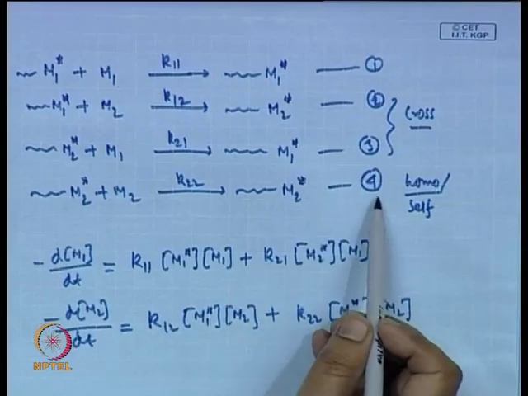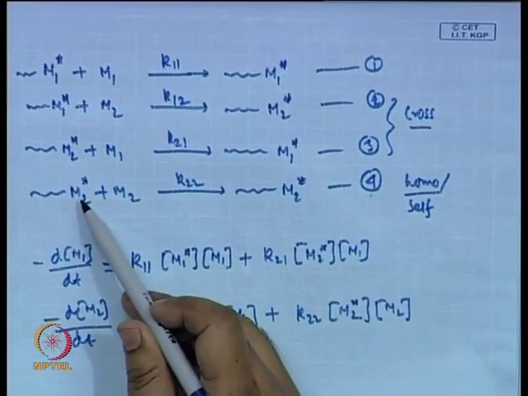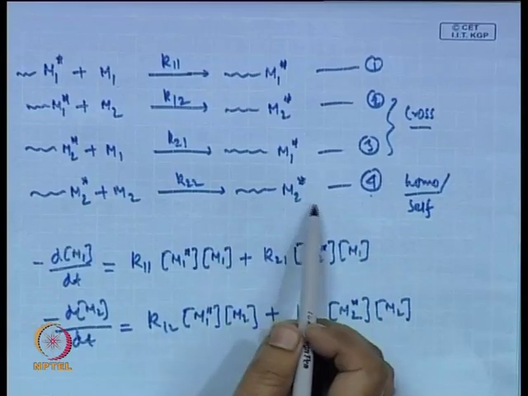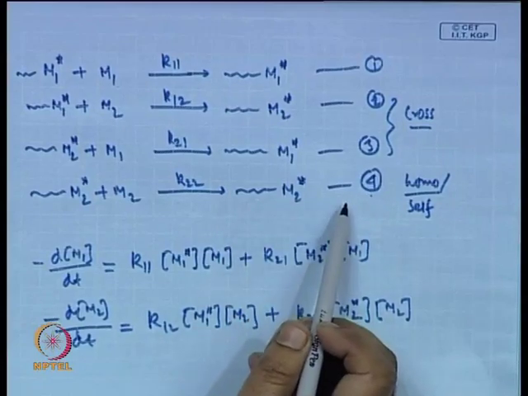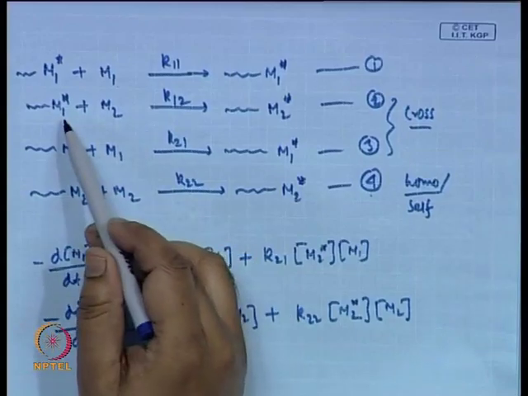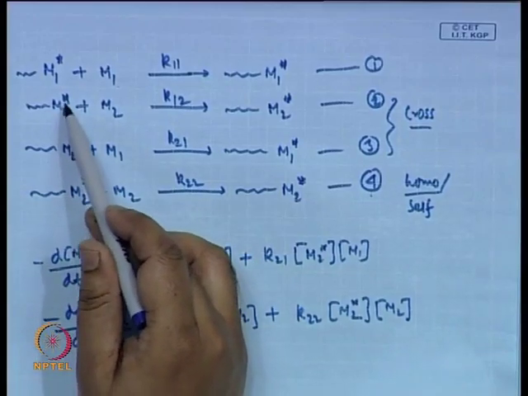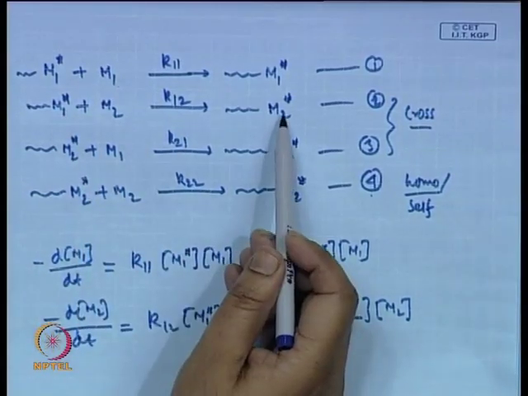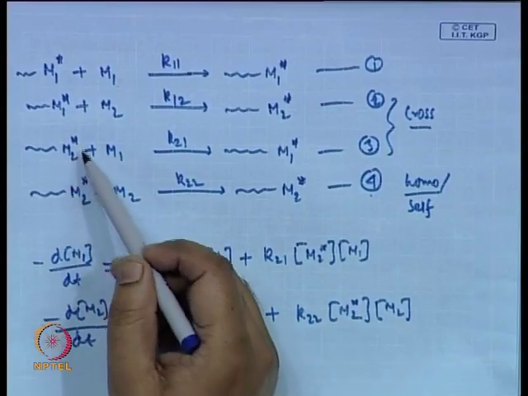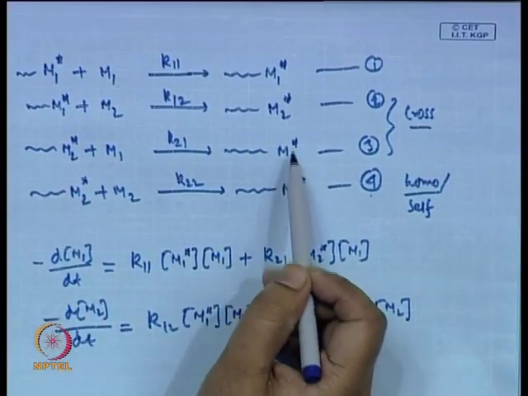In the fourth reaction, one M2 star is getting consumed and one M2 star is getting produced. So, this reaction also does not change the concentration of M2 star. So, these are the two reactions where in this case M1 star is getting consumed and M2 star is forming, and in this case M2 star is getting consumed and M1 star is forming.